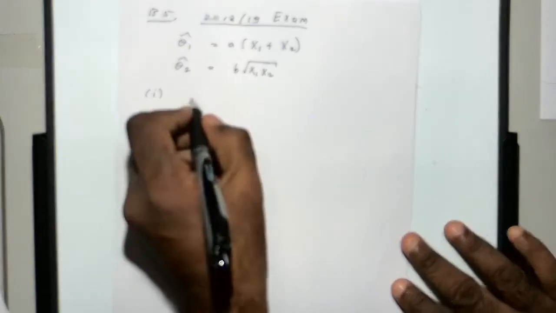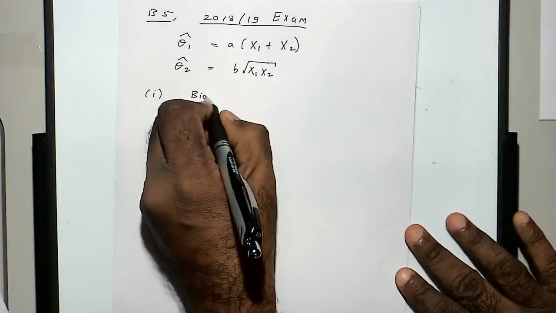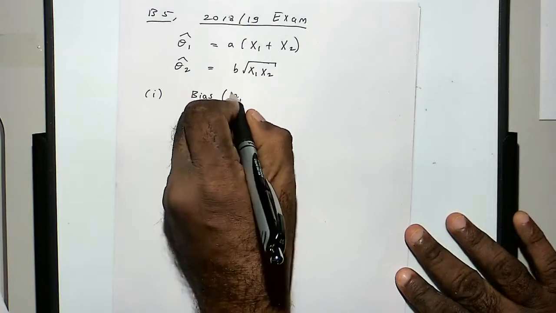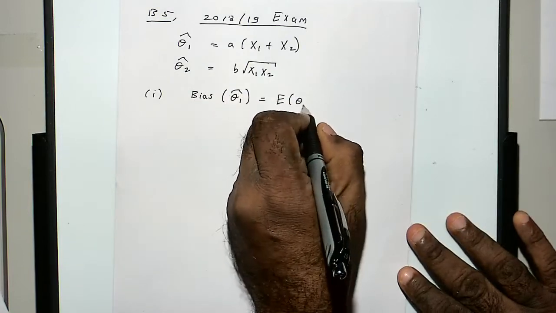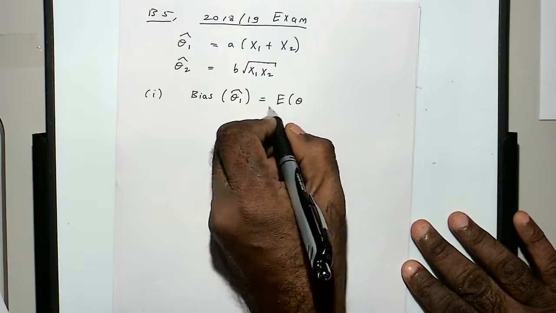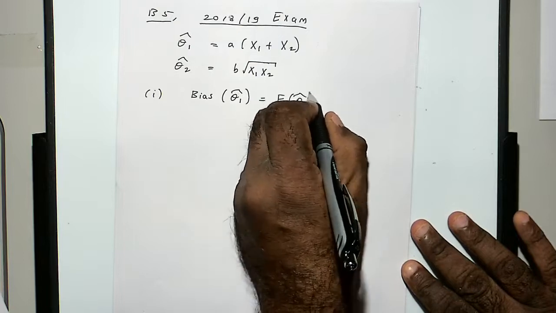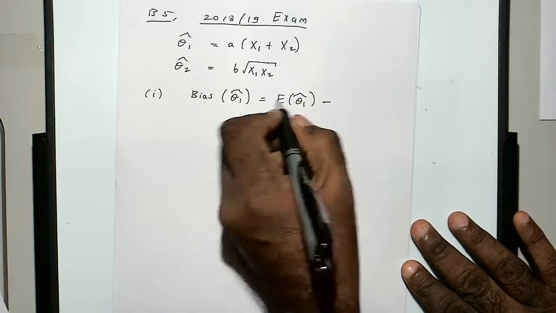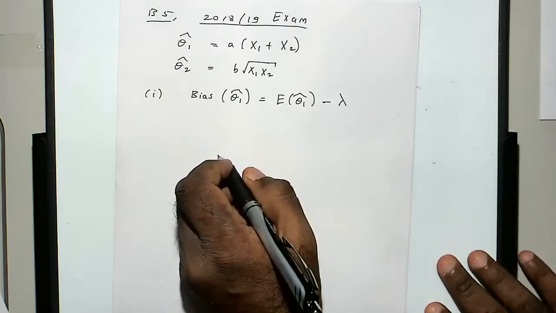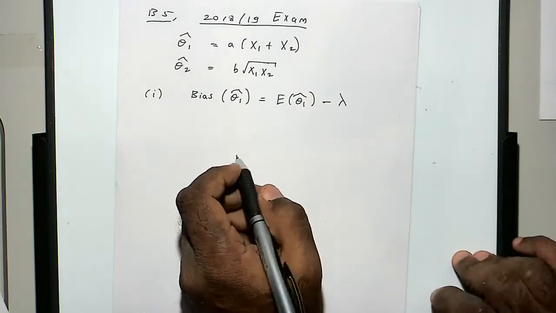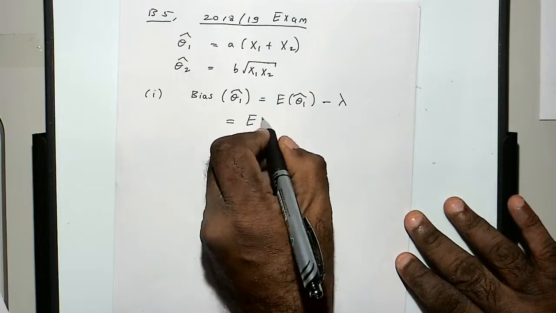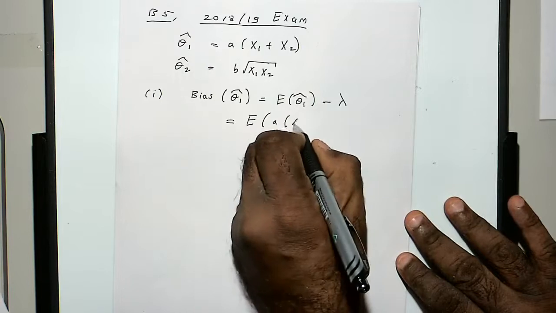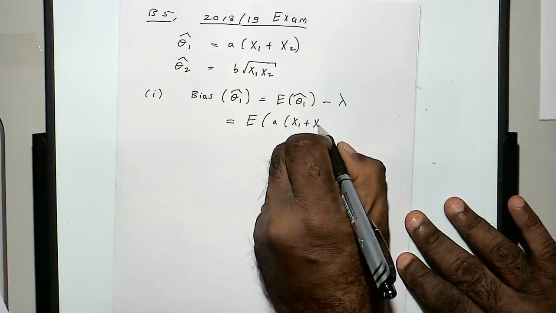So, right, so we need to find the bias of theta 1 hat, which is the expectation of theta 1 hat minus lambda, because remember we are trying to estimate lambda, right? So this is going to be the expectation of a times x1 plus x2.